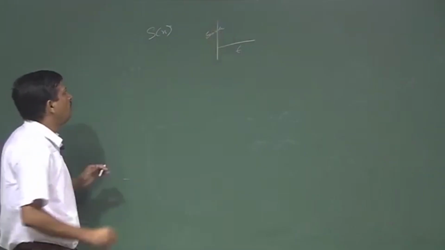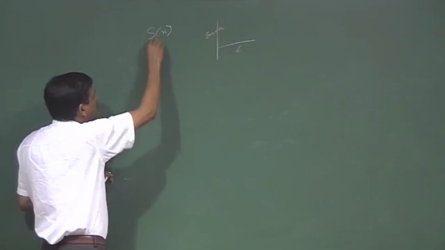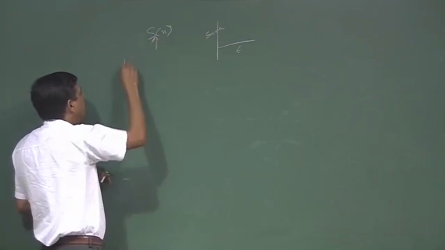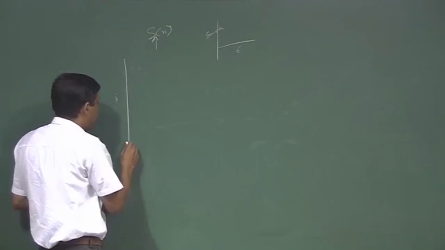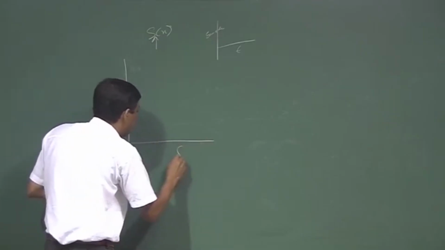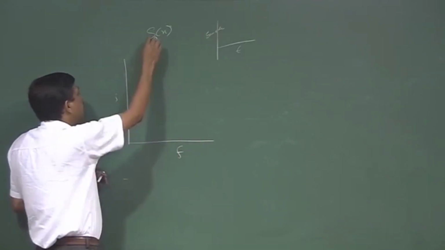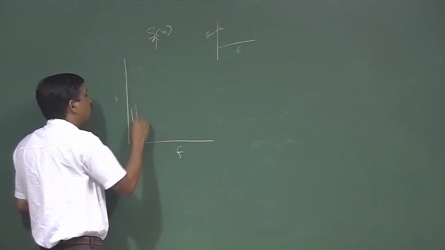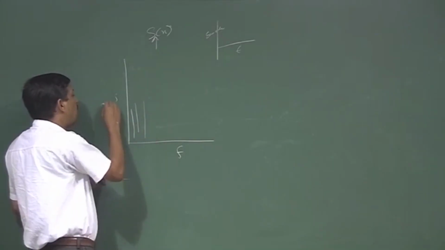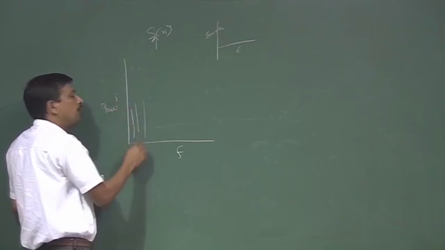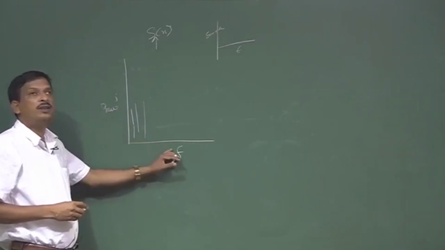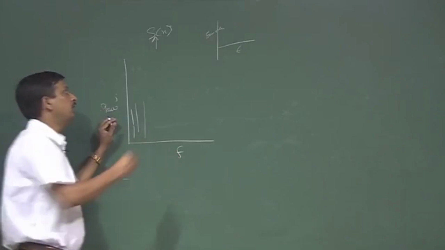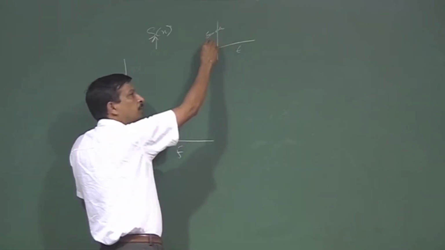Now, I want to plot what frequency content is in this signal. So, my x axis is the frequency, and I want to know the amplitude of each frequency content, the power of every single frequency. So, this is a 2-dimensional plot, frequency versus power. The other one is time versus sample amplitude.